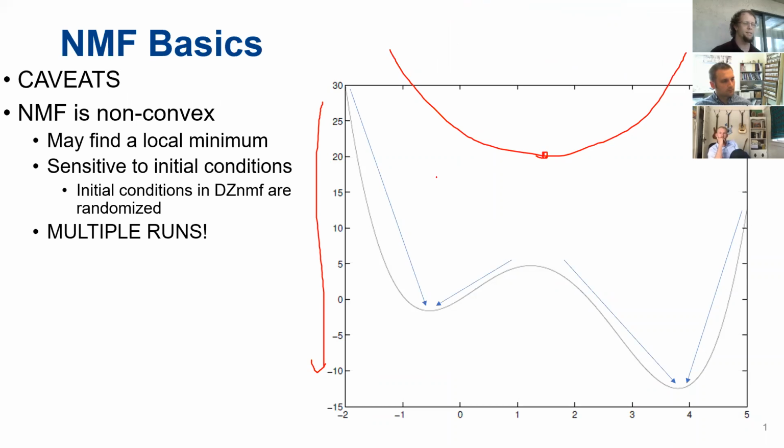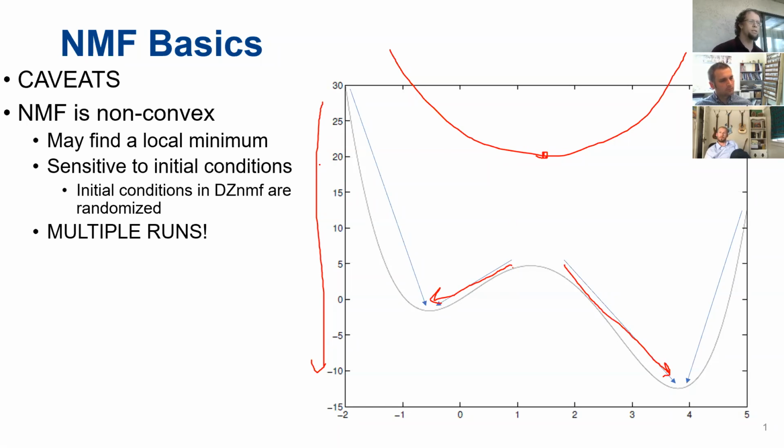But NMF is by nature a non-convex problem, and so there may be local minima. Depending on our starting location in this space, we may wind up at a local minimum rather than the global minimum down here.